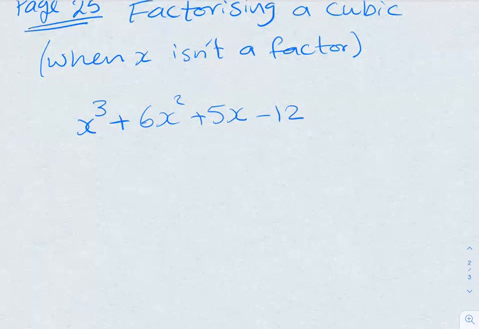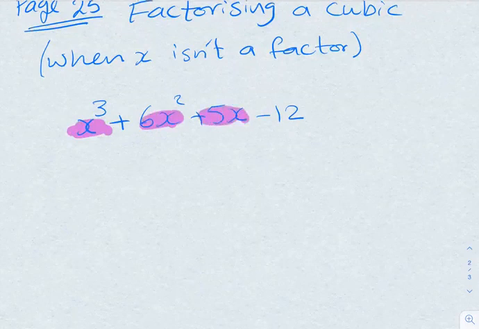Can you see, is x a common factor for all of them? No, thank you. So x is not a common factor for all of them. Although, as you can see, x is here and here and here, but it's not on the minus 12.